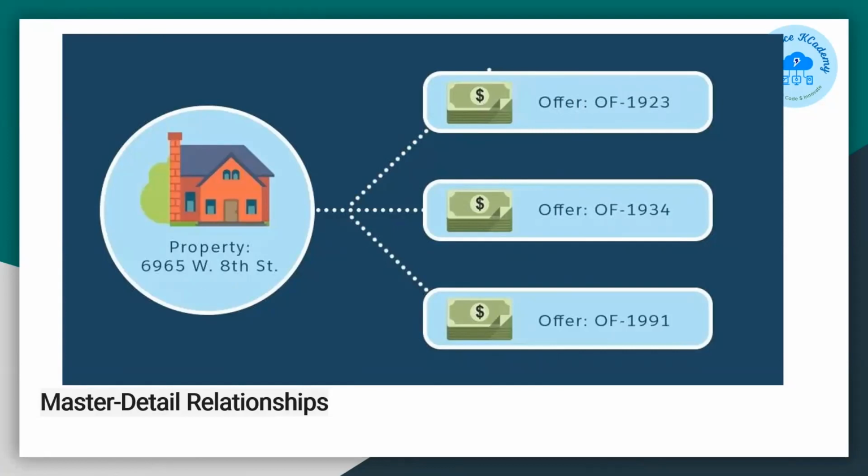Suppose under this property object I created three offers: offer number 1923, offer number 1934, offer number 1991. Will these three offers be the same for each and every property? Yes or no?